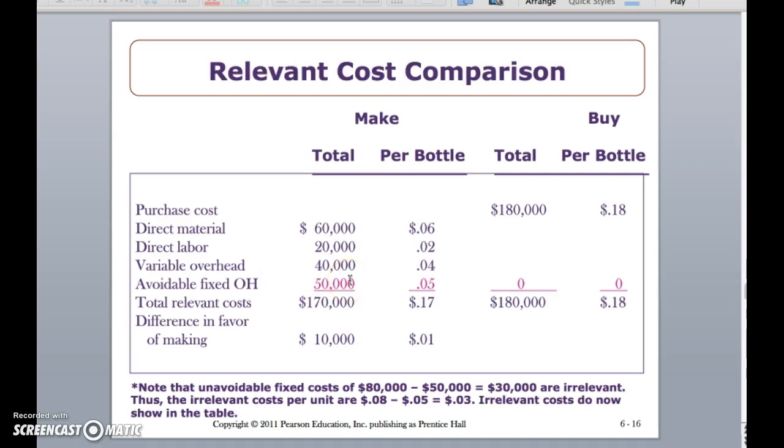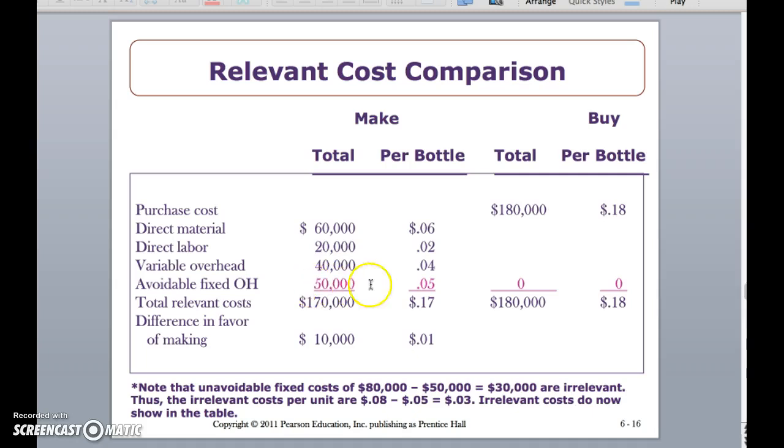This table lists the comparison of all relevant cost. In this case, we took off the irrelevant cost of that $30,000. And here in the make choice, we only put in the avoidable fixed cost of $50,000.